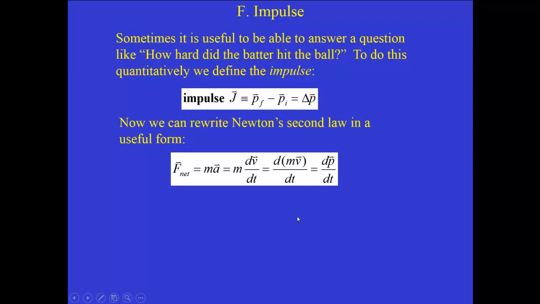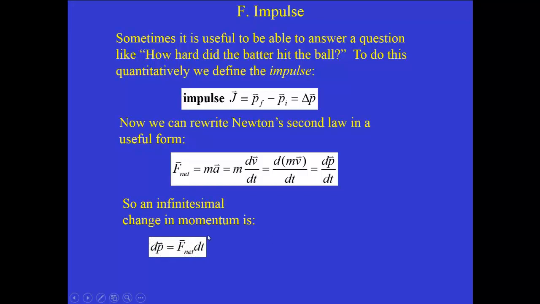So what this allows us to do is now write an expression for the small change in momentum associated with a net force acting on an object over a small amount of time. So I'm solving this equation for dp to get an expression for this tiny change in momentum when a net force acts on an object over an infinitesimal amount of time.